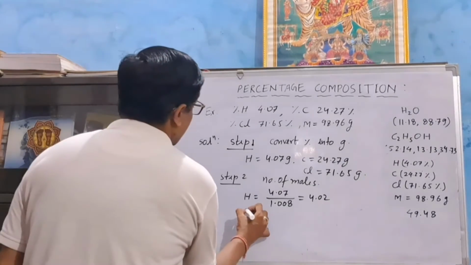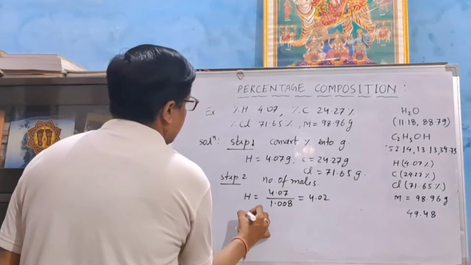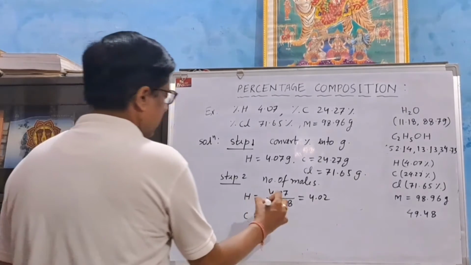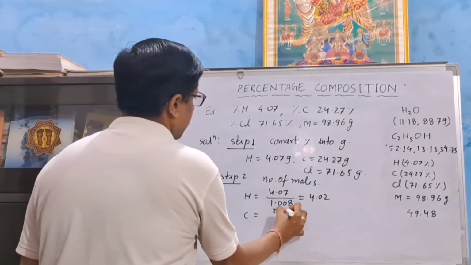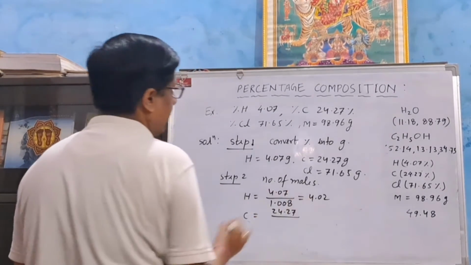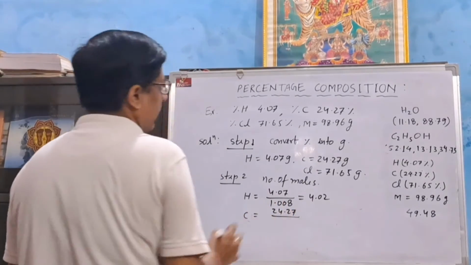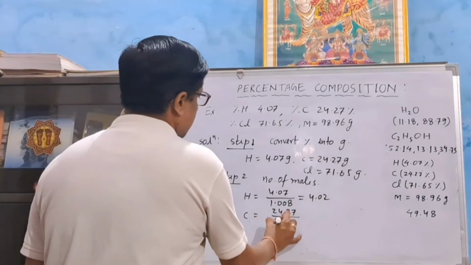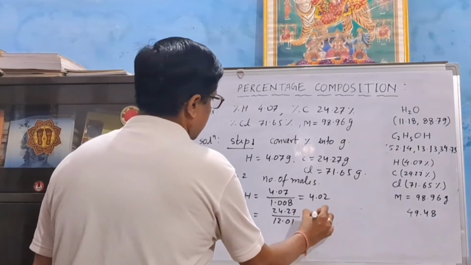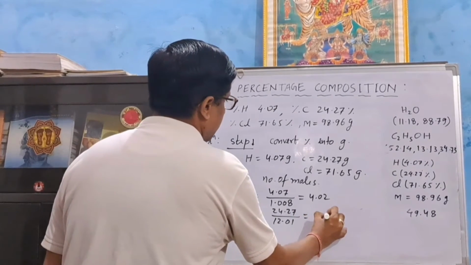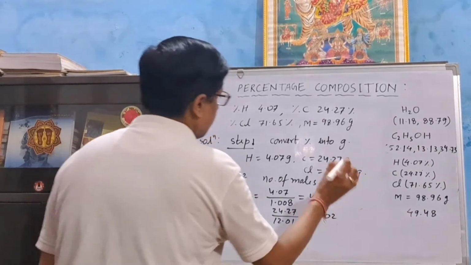Similarly, the number of moles of carbon, the mass of carbon is 24.27 divided by the atomic mass of carbon, it is 12.01. It comes out to 2.02.